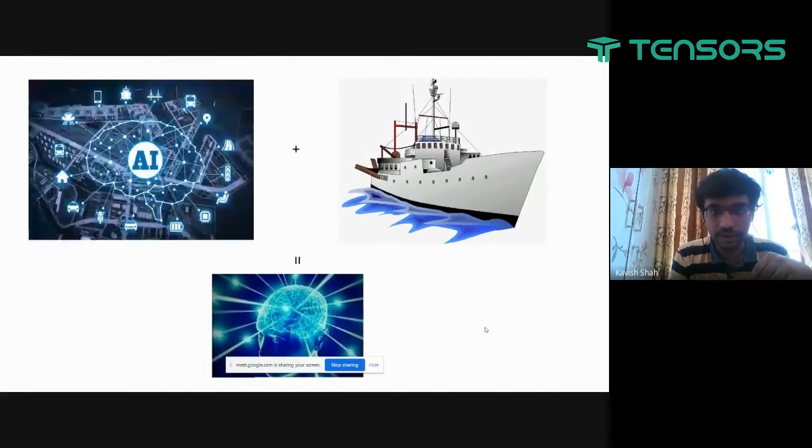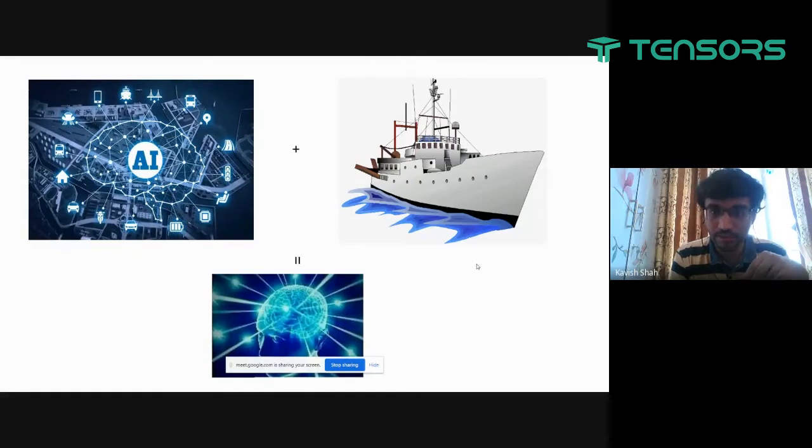So as I was telling, there's a lot of scope for AI getting involved in ocean engineering, and I would say in India it's at a very nascent stage right now. But there are companies and universities researching how to build, as you have seen, autonomous cars. We have autonomous ships.